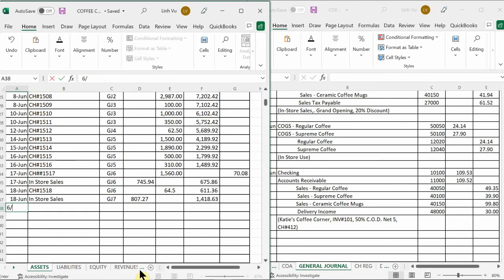So, we can say here, it's the 19th. We could say we received a check from invoice number 101, check number 412. Okay. Journal 7. And it's going to increase our checking account by $109.53.